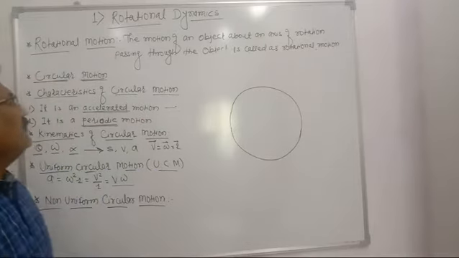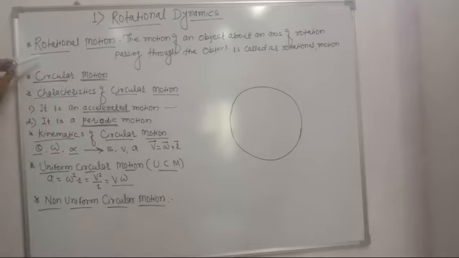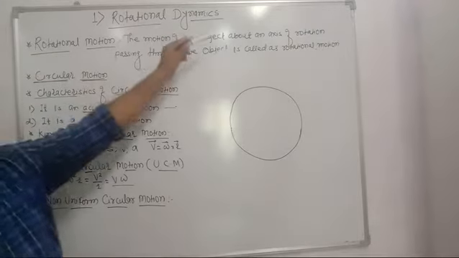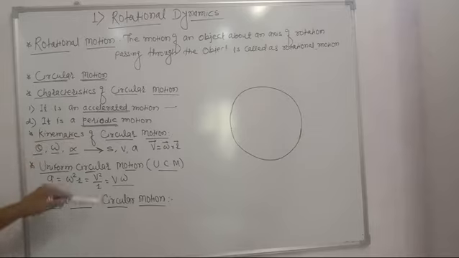In this chapter, first of all, let us see a few points such as what is rotational motion or rotational dynamics, then circular motion, its characteristics, kinematics of circular motion, uniform circular motion and non-uniform circular motion.